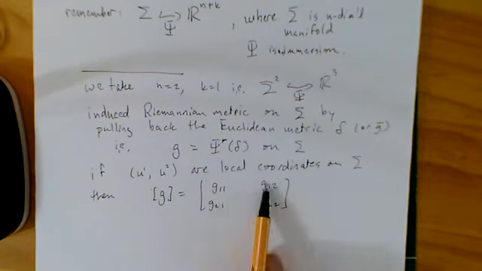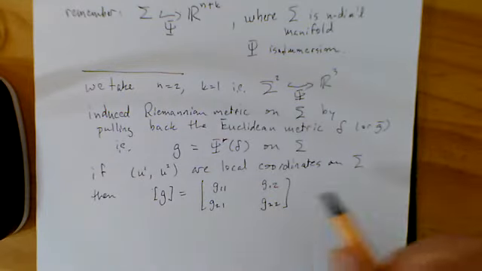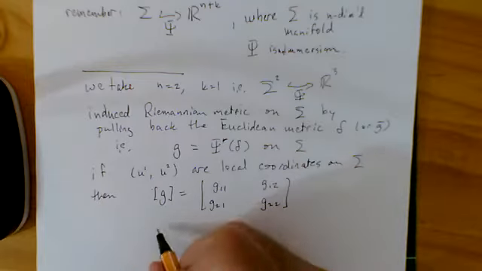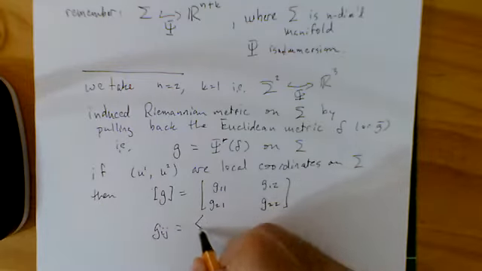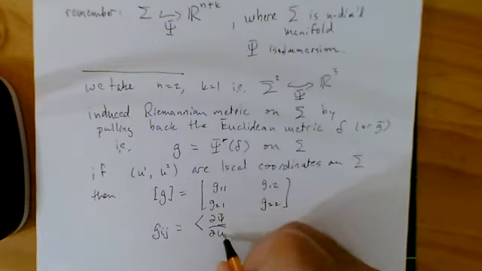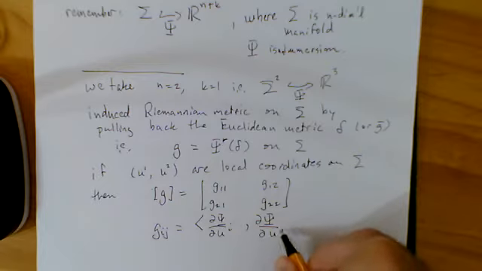And of course, these two anti-diagonal terms are going to be the same because I have a symmetric matrix. And these coefficients are the Euclidean inner product of these partial derivatives.